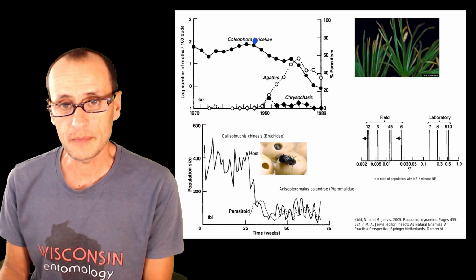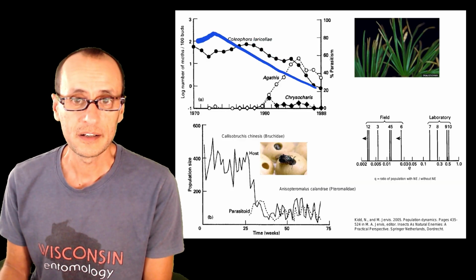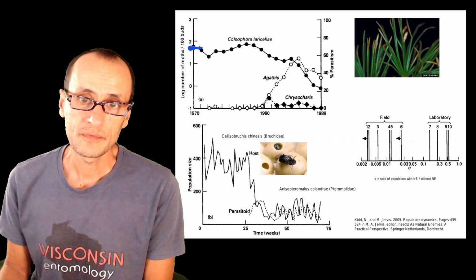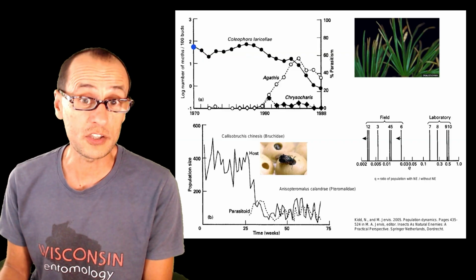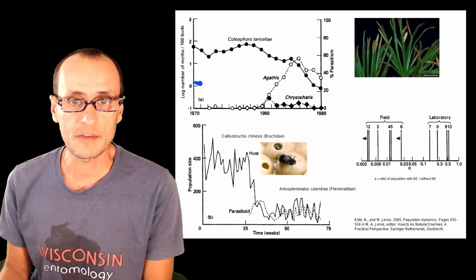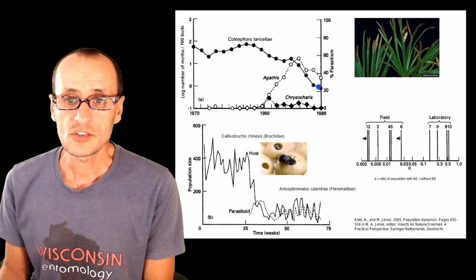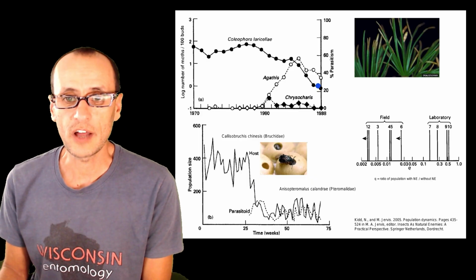Actually not so sudden, and maybe it started around here. There was a decline in their abundance from maybe 1.8 log units, so this is a base 10, to almost 2 orders of magnitude less than that. So what is it that caused the decline in that population?